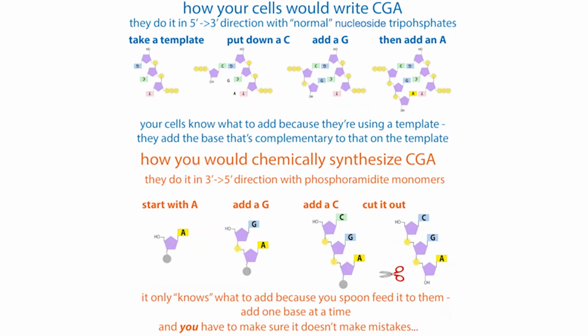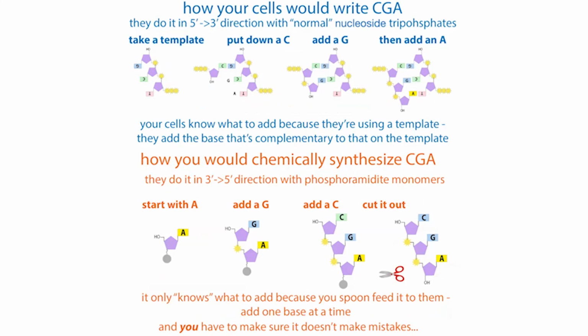What happens if you get this chemically synthesized is that it's actually written in the opposite direction. It's written CGA, and instead of using normal nucleotides, so these normal DNA or RNA letters, DNA in this case, it's going to do it in the opposite direction, using these phosphoramidite monomers.